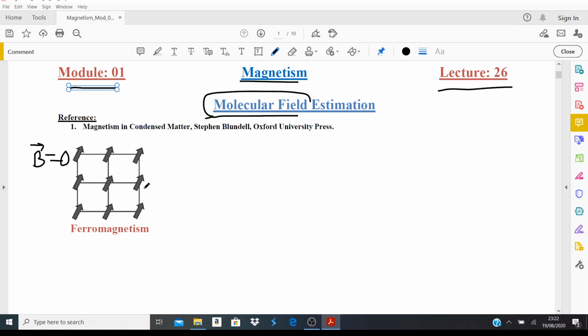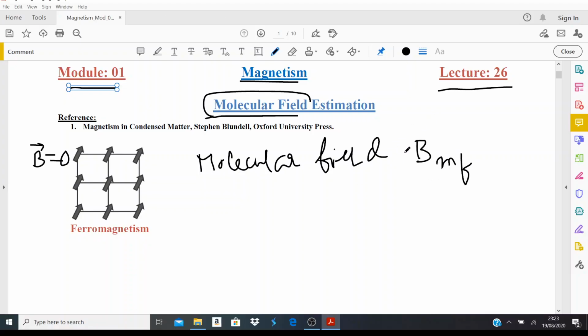But then the question comes that if the moments are aligning, there must be some sort of magnetic field. And we are assuming that in the absence of any magnetic field, what aligns these magnetic moments is an internal molecular field, right? And that's what we usually denote by BMF.